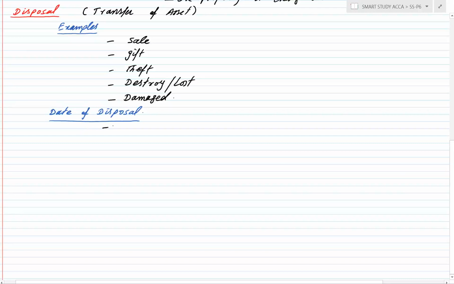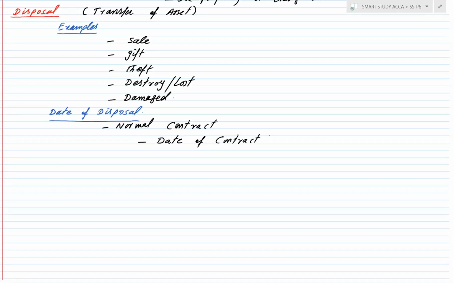So in normal contracts, date of disposal is basically the date of contract. On date of contract, all the risks and rewards of the asset have transferred to the other person, and that date will become the date of disposal. Date of contract is equal to date of disposal.